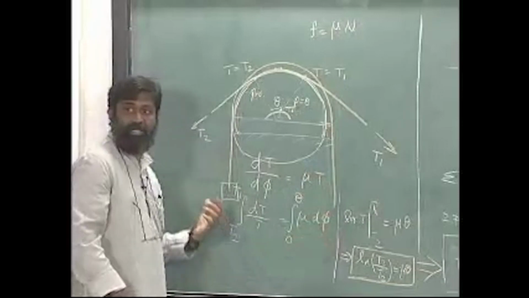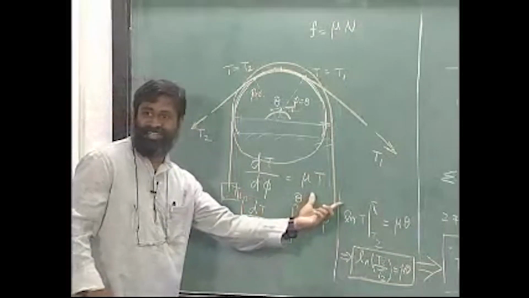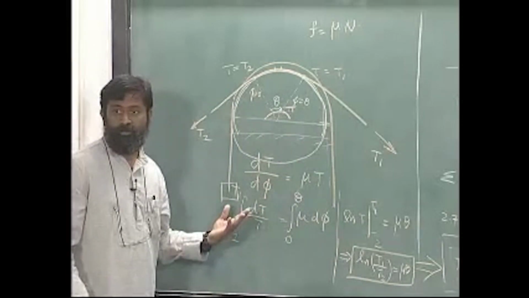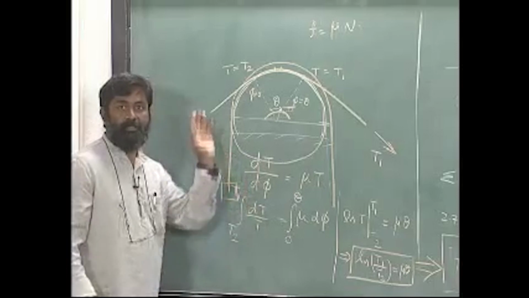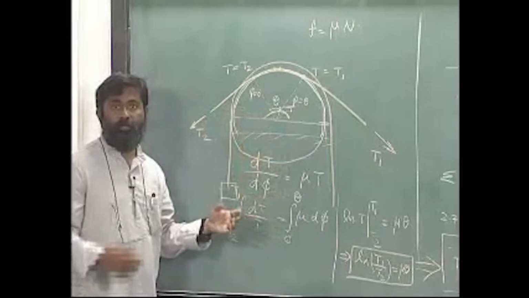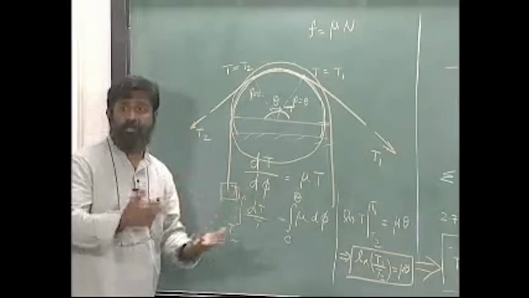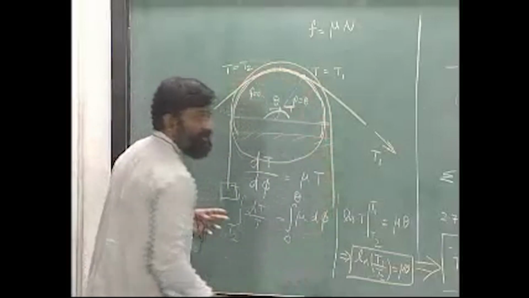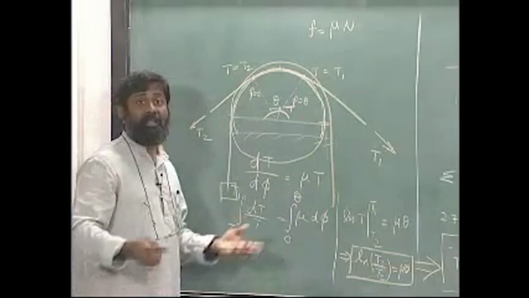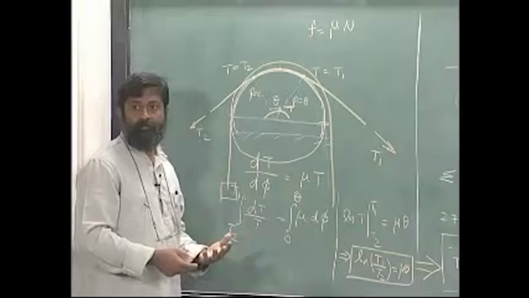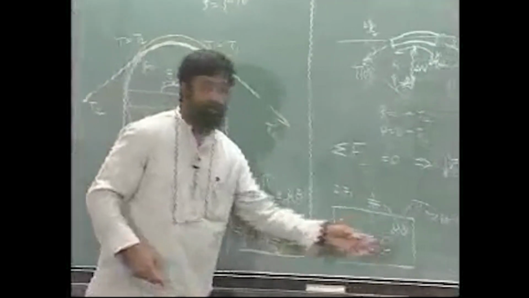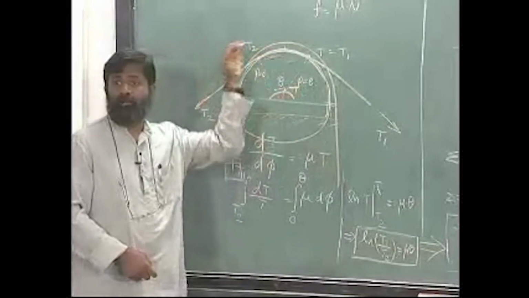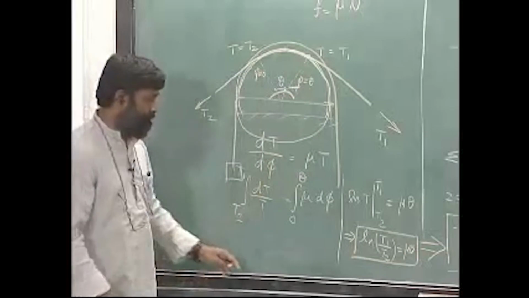In order to pull this, I have to apply 20 times this, and this is an important application in mechanical engineering. This is what is used quite often in order to make sure that there is no slipping occurring. So when I have a pulley like this, I will just make one more rotation like this and take it. I am guaranteed for most part of it, unless μ tends to a very small value, it is possible for me to keep in contact with the pulley. Okay, thank you.